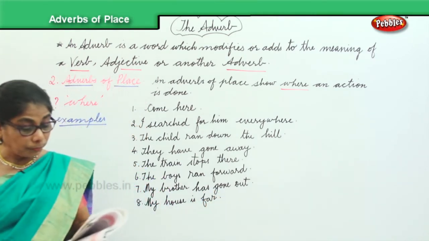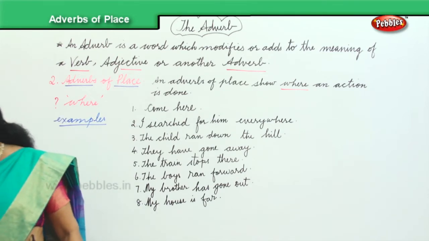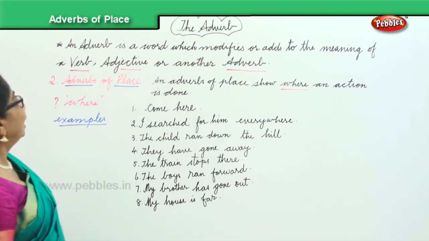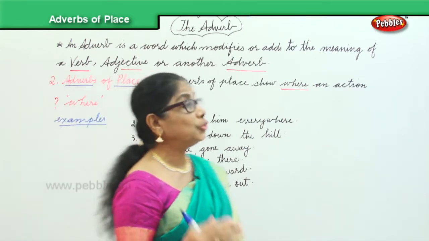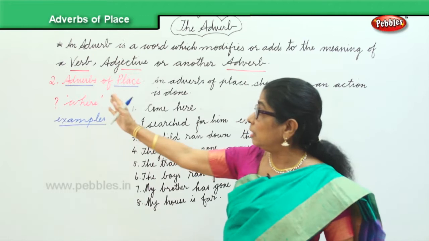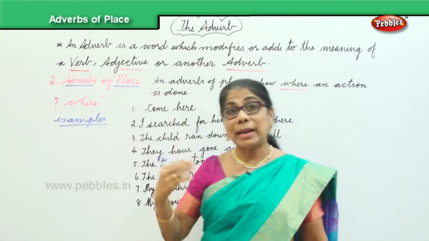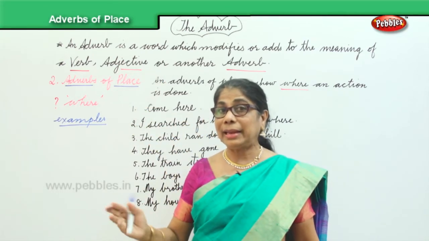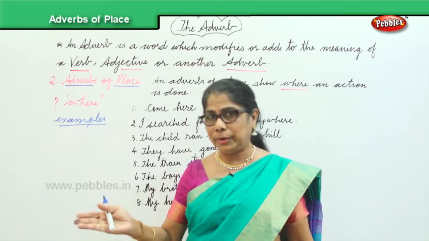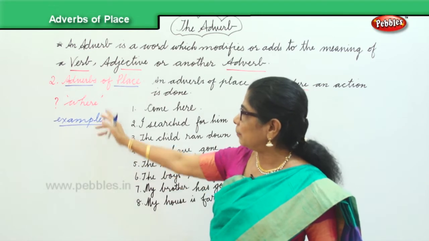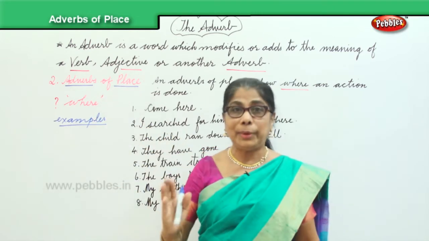Now let's look at all these sentences. An adverb is a word which modifies or adds to the meaning of a verb, adjective, or another adverb. And I told you there are six different kinds of adverb, and we are doing the second, adverbs of place.